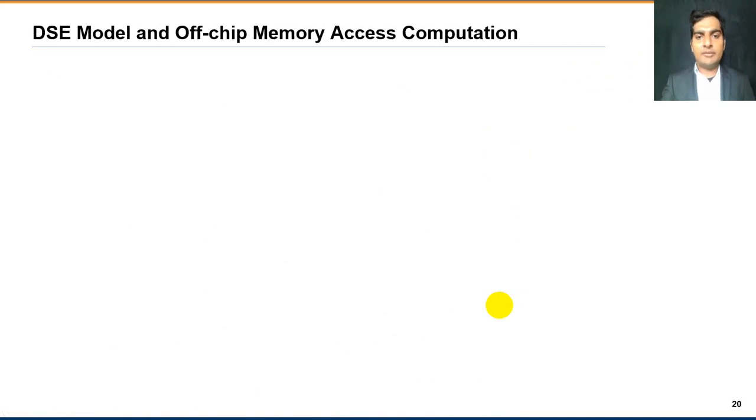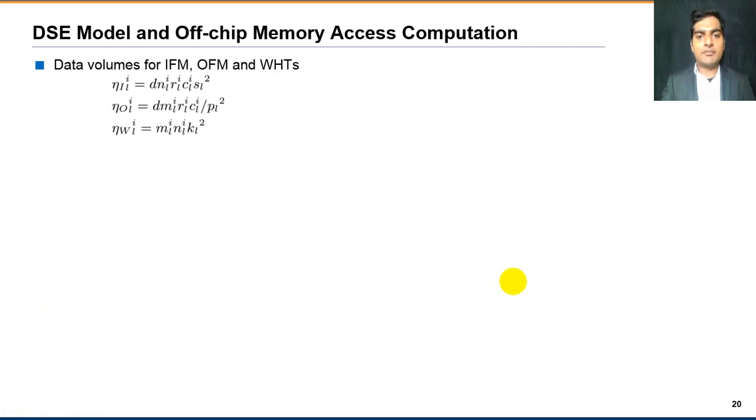For a batch of D inputs, the layer-wise data volume required to accumulate all the input feature maps, output feature maps, and weights can be computed using these relations.